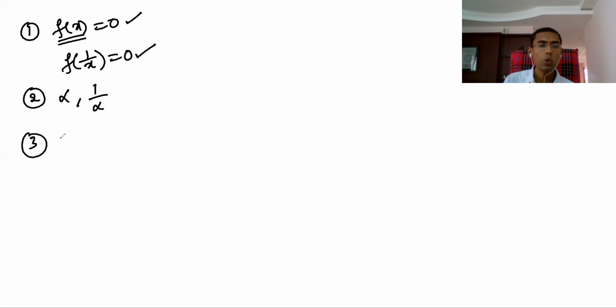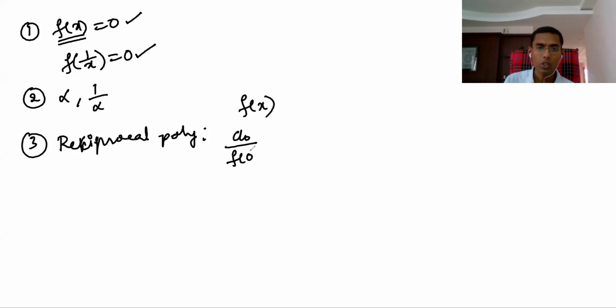Third, here I told you the reciprocal polynomial. If at all you want the reciprocal polynomial definition, what is that? F of x is a polynomial satisfying a naught by an, means f of 0 into x to the power of n into f of 1 by x equal to, you will get f of x only.